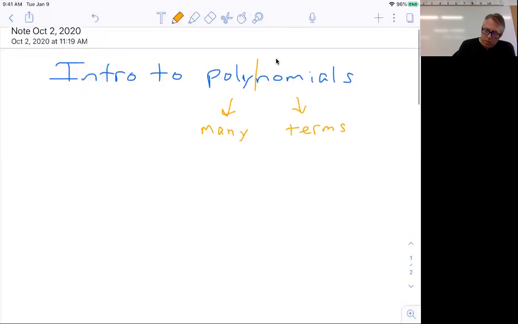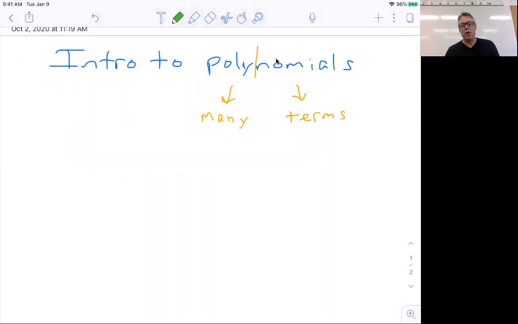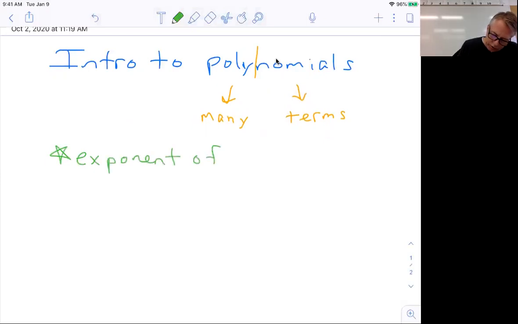Now, another characteristic of polynomials that is really important is that the exponent of each term is a positive integer.